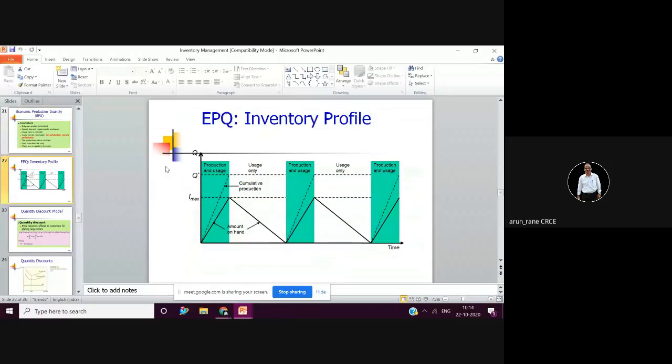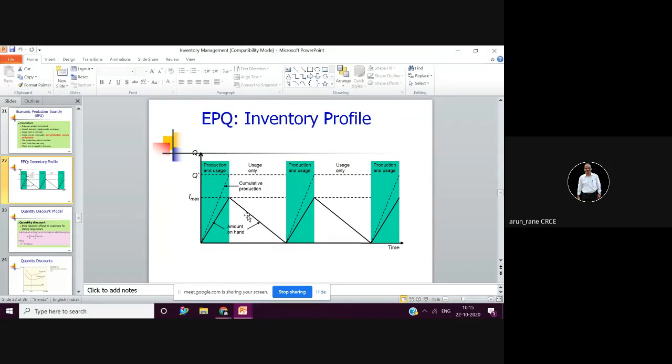So this is your graph of quantity against time. It also indicates your inventory profile. So this is your stock or amount on hand.